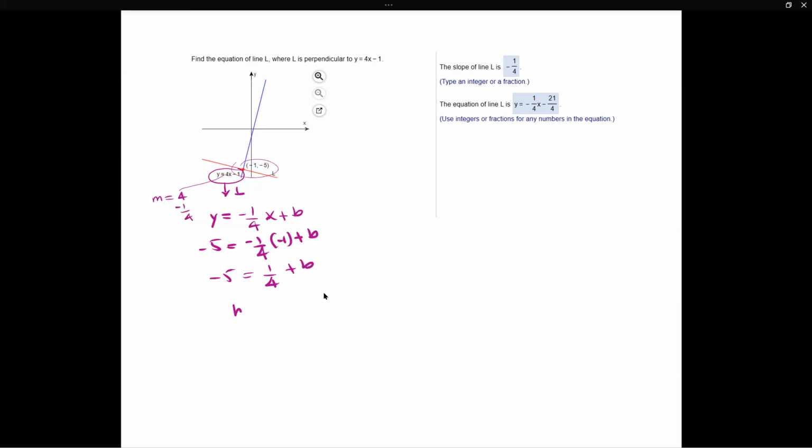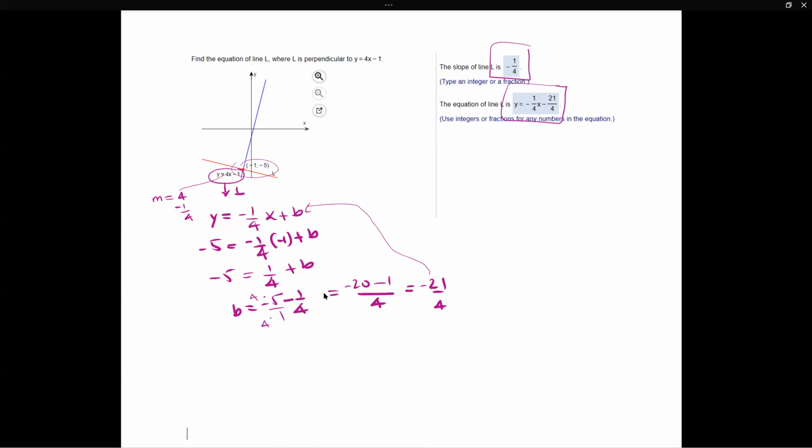So we're going to need to do negative 5 minus 1/4, subtract 1/4 from both sides. Then you're going to need a common denominator. So negative 20/4 minus 1/4, which is negative 21/4. So now this negative 21/4 is the y-intercept, and that will give you the 2 answers.